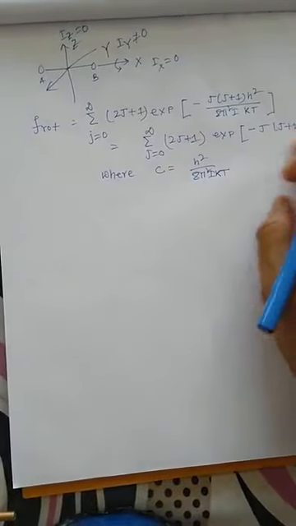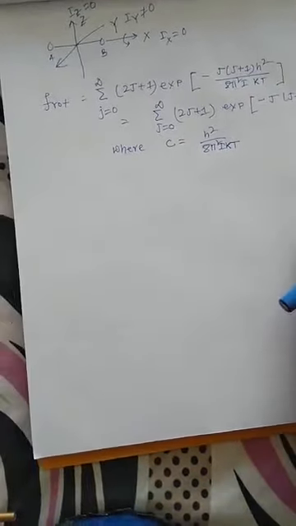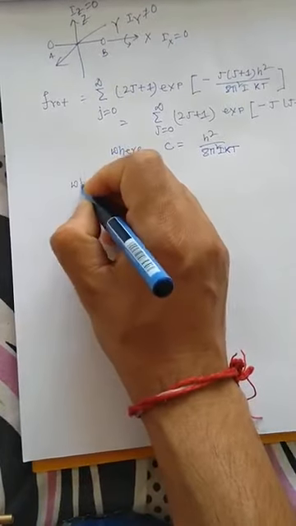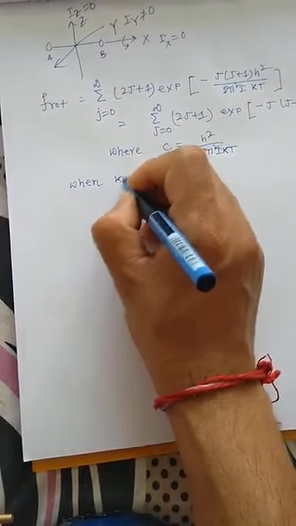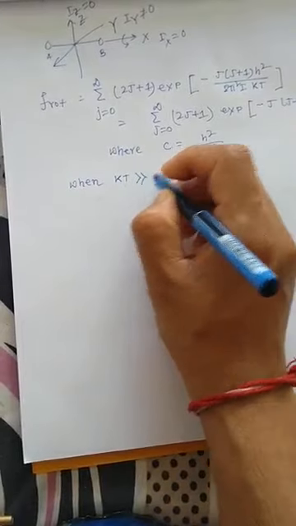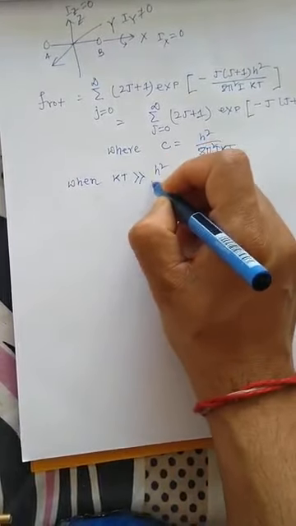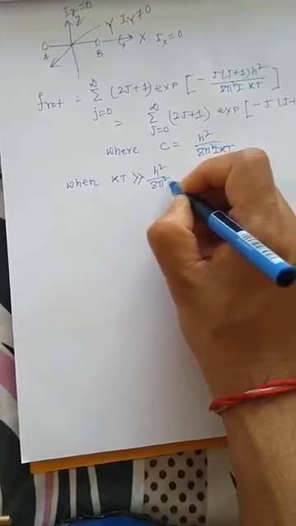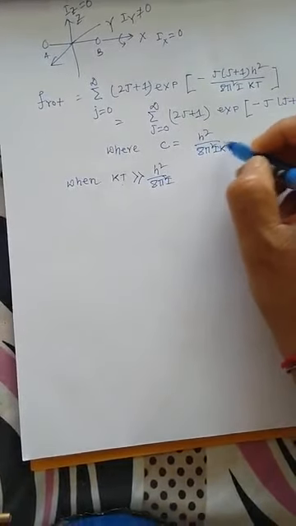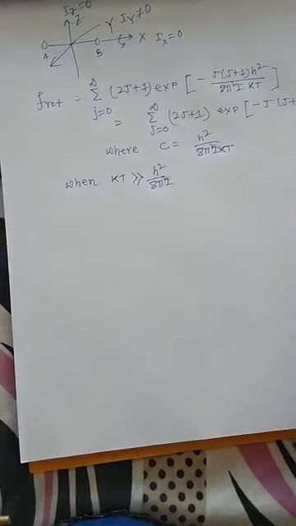I have taken all these terms as c. Now the question is, when kT, the thermal energy, is very much greater than h²/8π²I, then what happens?